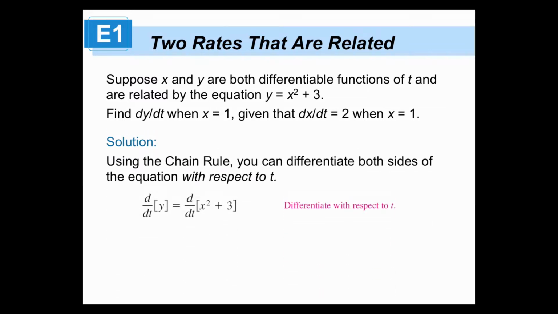We're going to start by taking the derivative of both sides with respect to t. And so what's the derivative of y with respect to t? The derivative of y is 1, and since you took a derivative with respect to t, you have to include a dy/dt on the end of it.